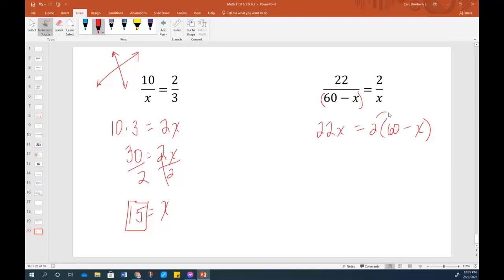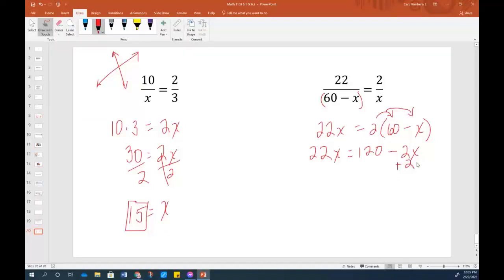Then we use our same principles we've done before. So that means I'm going to simplify first. And 2 times 60 is 120. 2 times negative x is negative 2x. Now here I could subtract 22x from both sides, but that would leave me nothing on the left.